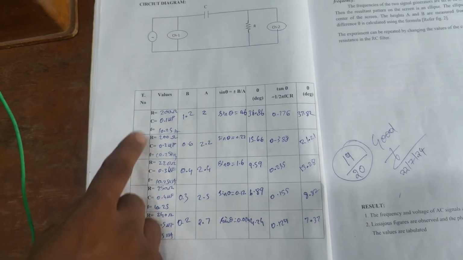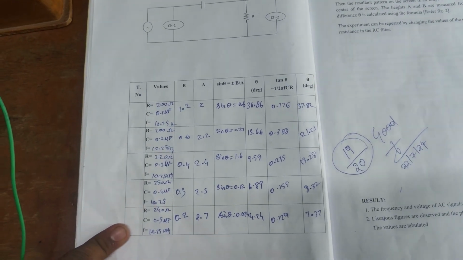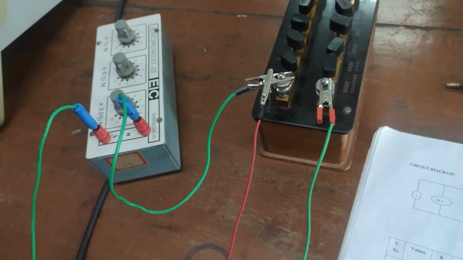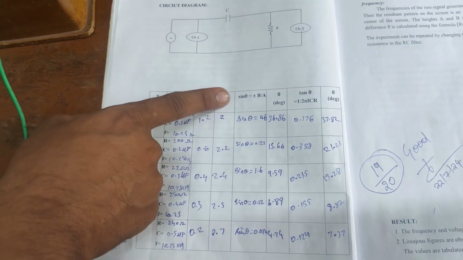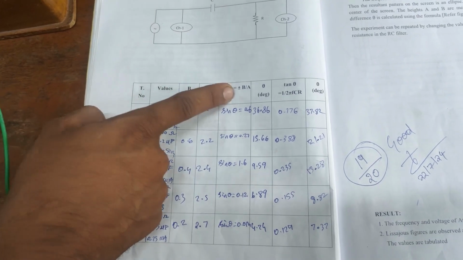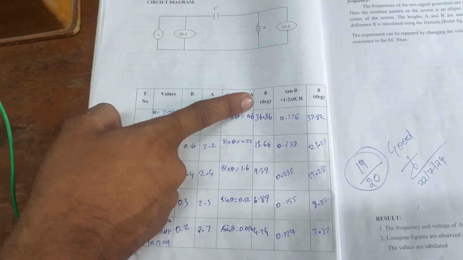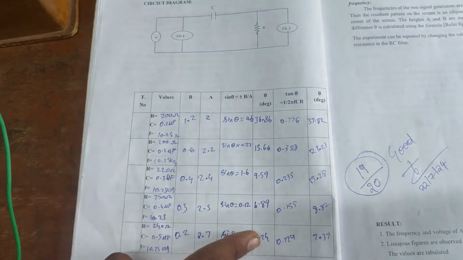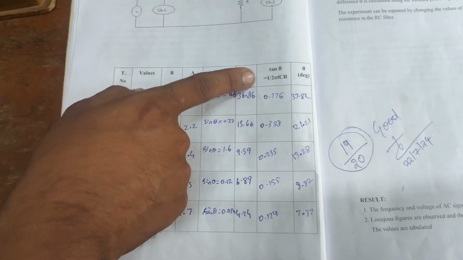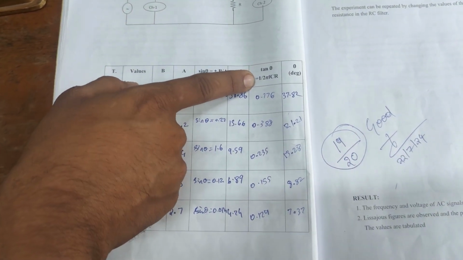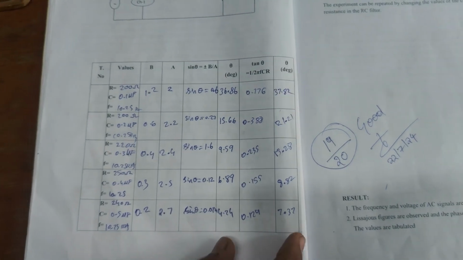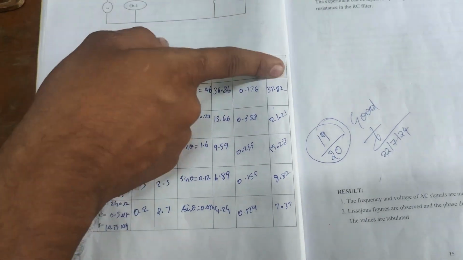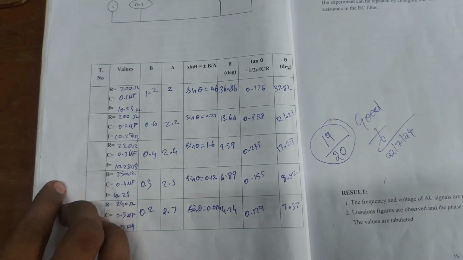So we fill in these values by changing the resistance or the capacitors or the frequency, and we find the corresponding B and A and use them in the formula sin theta is equal to plus or minus B over A, and we get the theta value. And by formula we know that tan theta is 1 by 2 pi f C R, and we find the corresponding theta. Make sure again this column and this column are almost similar, and that's it, your experiment is good.